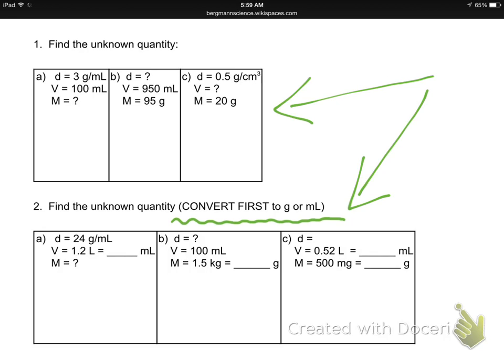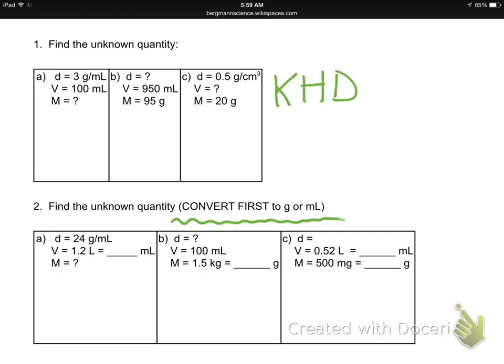Now, do you remember how to convert your metrics? Well, it's as simple as remembering King Henry died unexpectedly drinking chocolate milk. That's how I like to remember it. It's kilo, hecto, deca.